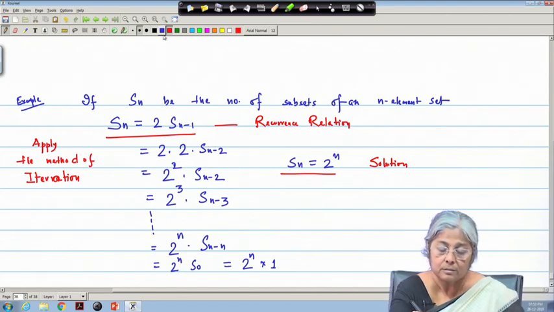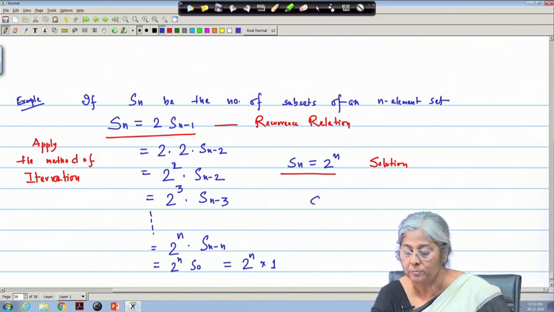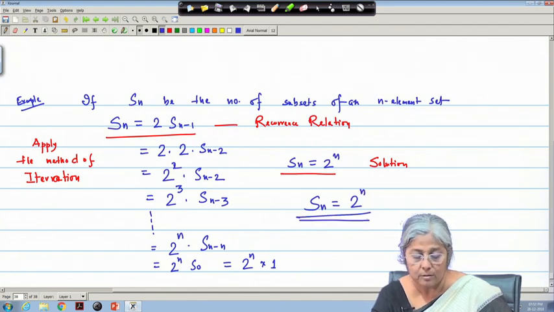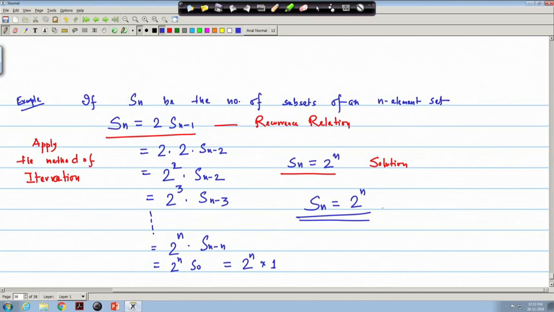Now, this S_n equal to 2 to the power n, this solution we get when my recurrence relation is S_n equal to 2 S_{n-1}. So, this is a very important, very primitive solution that we will be using when we try to solve linear homogeneous equations.